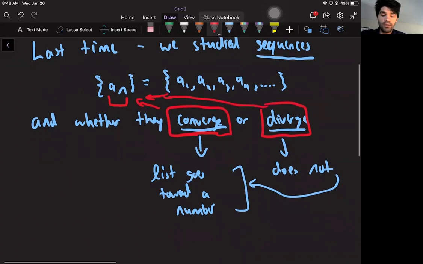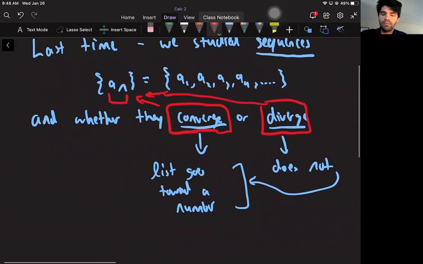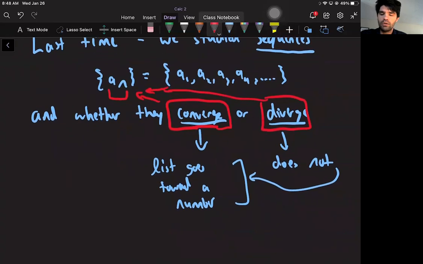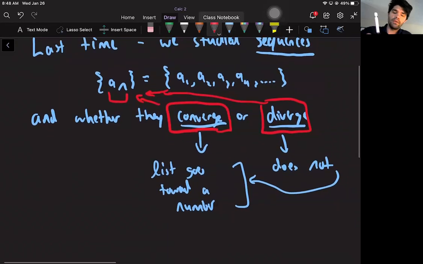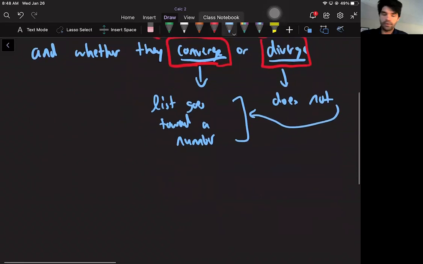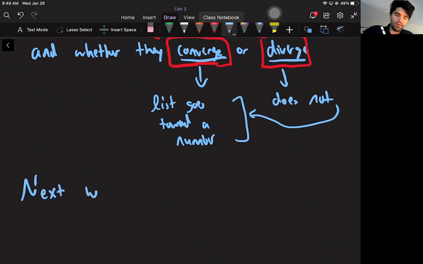And you take some sort of limit maybe, or you can use the squeeze theorem, or check if it's increasing or decreasing and bounded. That's the stuff we've been doing. Okay, so sequences, the word sequence sounds very much like the word series. I guess that's why people get them mixed up a lot.